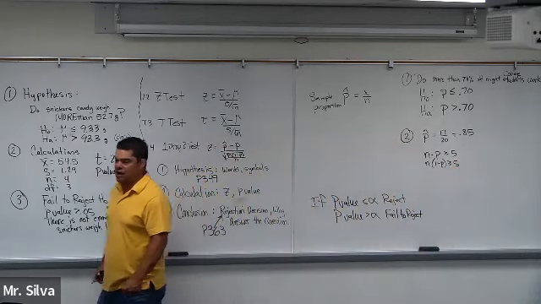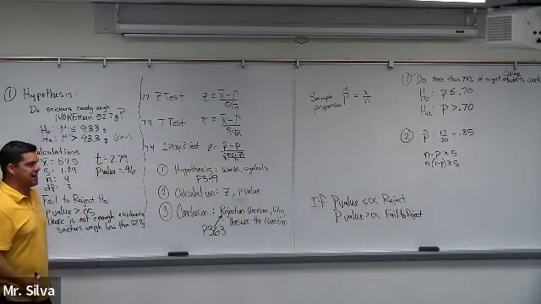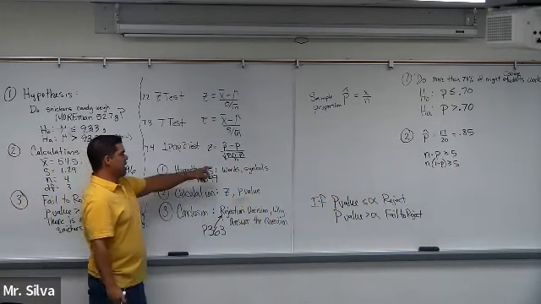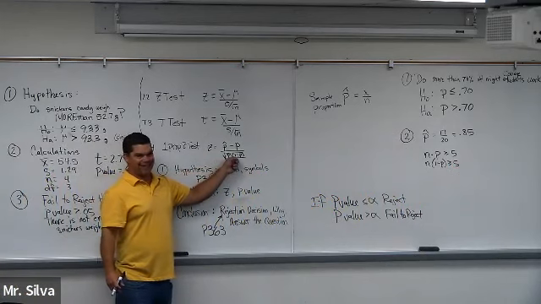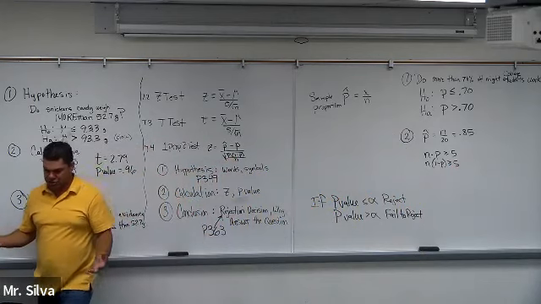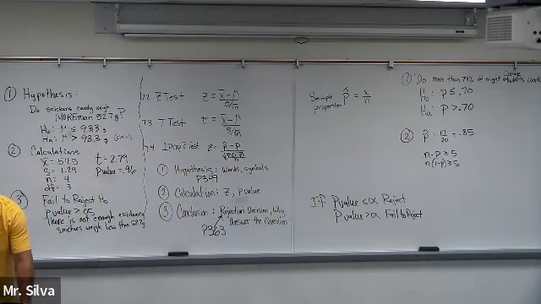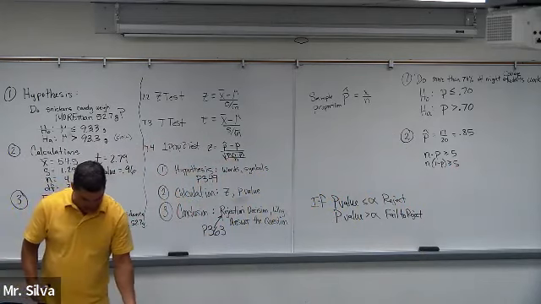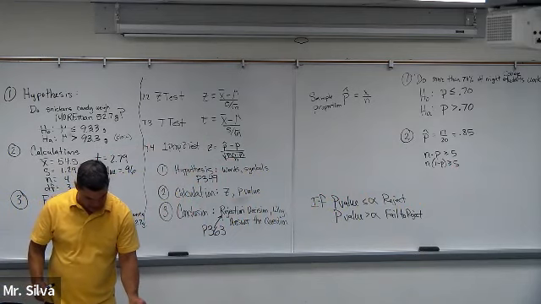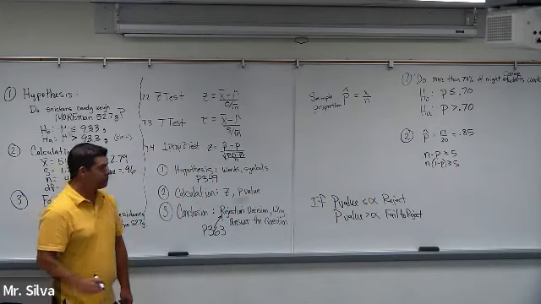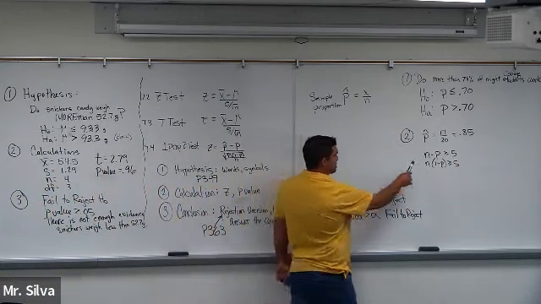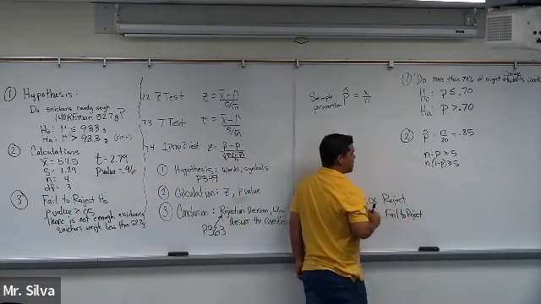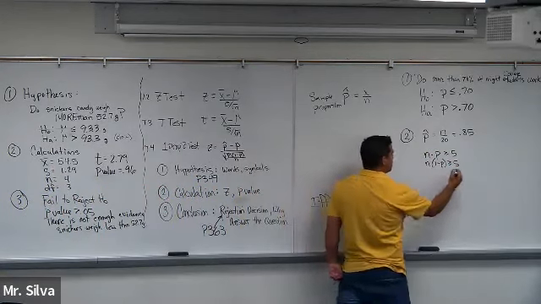Notice that in a confidence interval, when you calculate the standard error for a proportion, we used P hat because that's the only information we had. The same thing when you're checking conditions in a z-test for proportions, you're going to use P, not P hat. So this is not a hat.